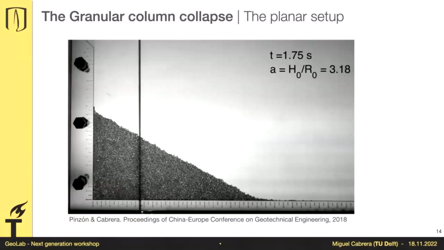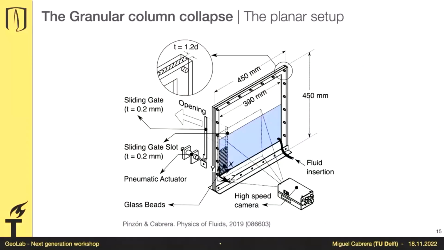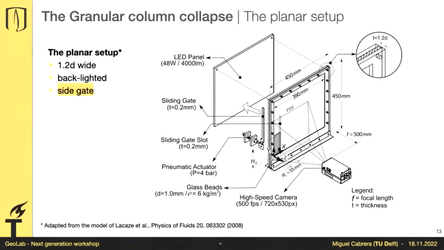Maybe I ask a question as a follow-up. When you showed the top view of your experiment, I think it's a rather narrow one, right? Yeah. Looking at it as a 1g experiment, how much is the effect of the side boundaries, the lateral boundaries? These are ceramic beads, and the two transparent windows are plexiglass. The friction coefficient, we measured it, and it is 0.05. So there is friction, certainly.